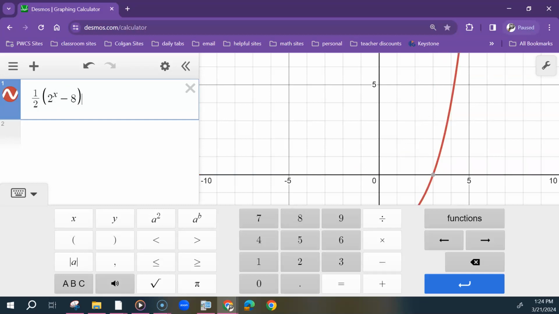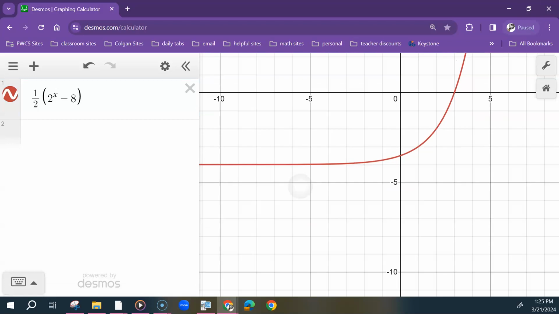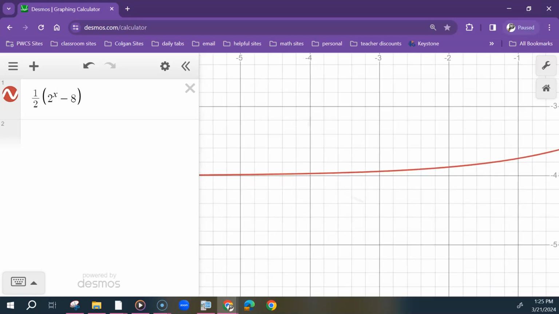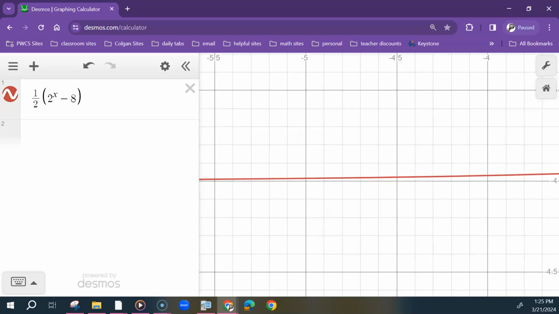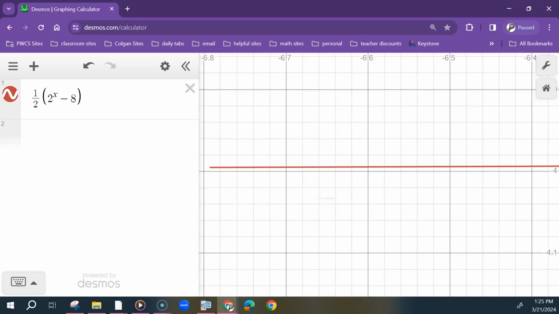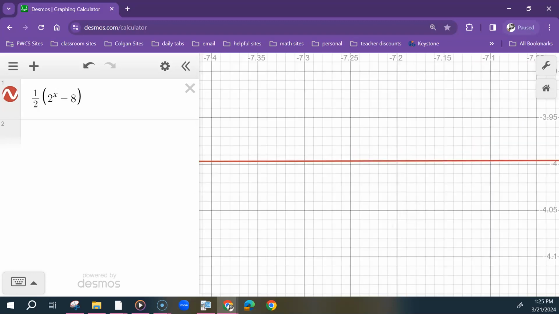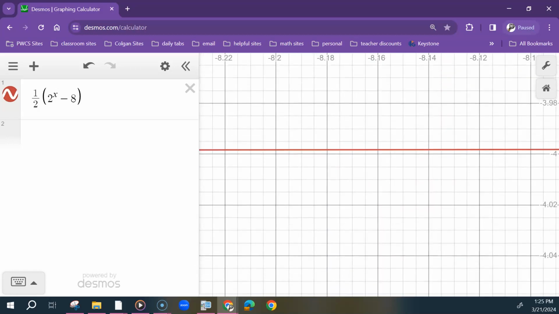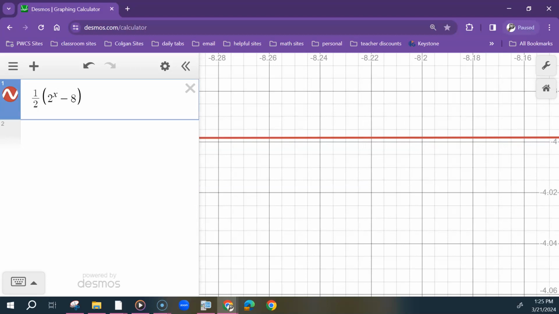So if I'm looking at this function, I'm going to start zooming in at -4. So the more I zoom in, the more I see this line never actually touches -4. It's getting really, really close to it, and it's never actually touching this line at -4. And you can see that.